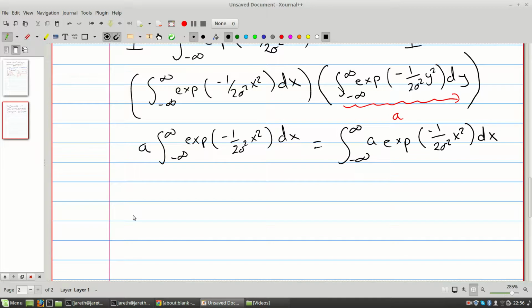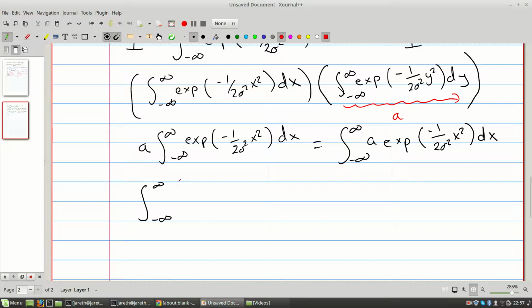I'm doing it this way just so that you can follow every step to understand what we're trying to do here. So if I now expand a out, we have an integral between minus infinity and infinity, and another integral between minus infinity and infinity. Let me write it this way so that it's clear.